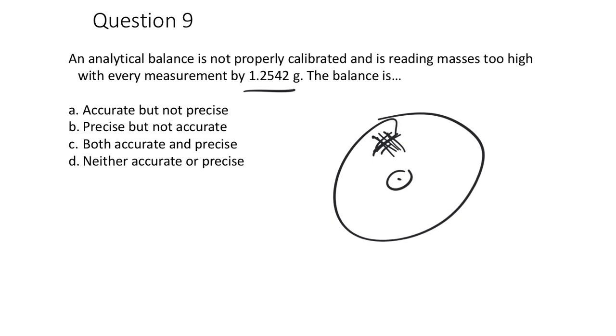We're missing our target. But we are actually being pretty precise. We are precisely hitting the same spot, even though it's not the intended target. So hitting the target is accuracy. Repeatability is precision. So we're being precise, but not accurate.